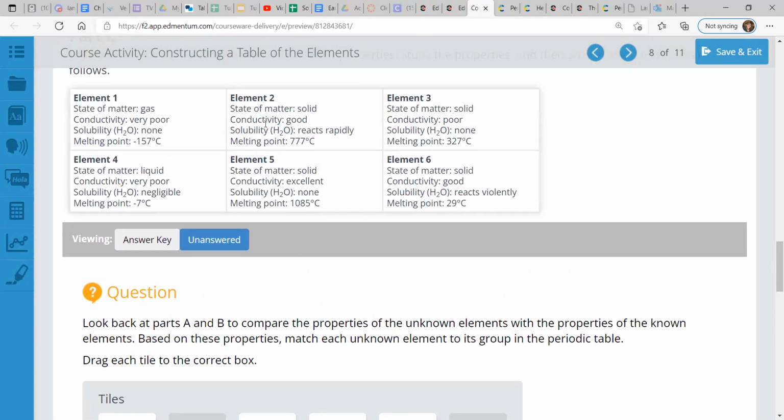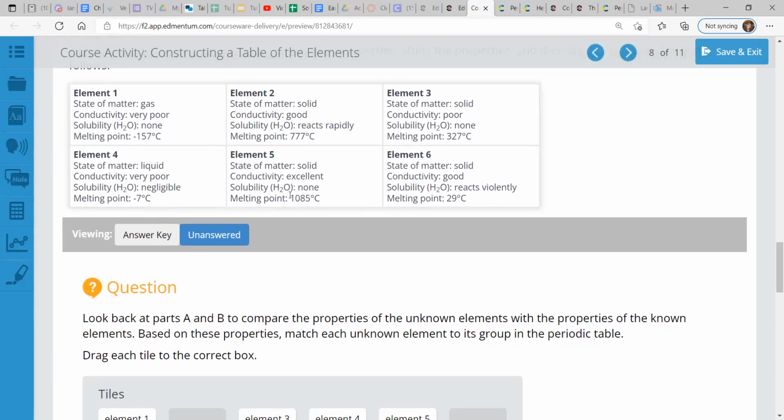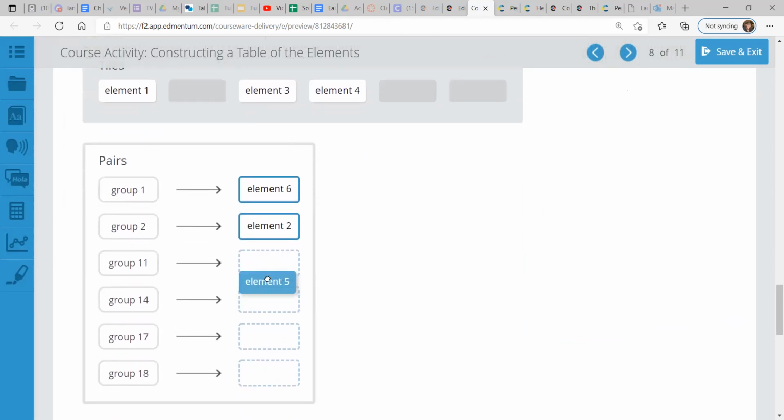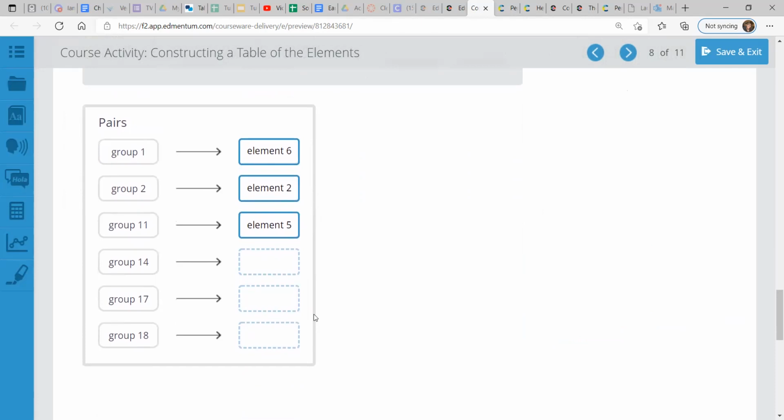Then we have conductors. Element 4 is a poor conductor. Element 1's poor. But it's a liquid. Element 4 is a liquid. Element 1's a gas. Element 3 is a poor conductor as well. 5 is an excellent conductor. I'm going to put that one there.